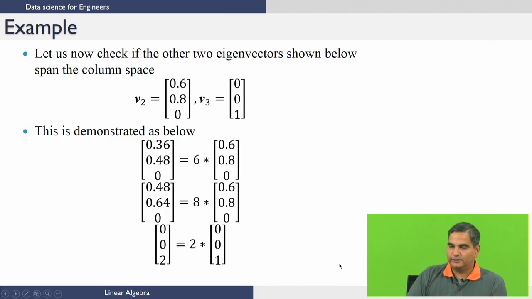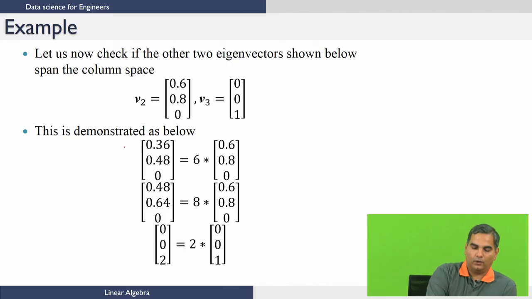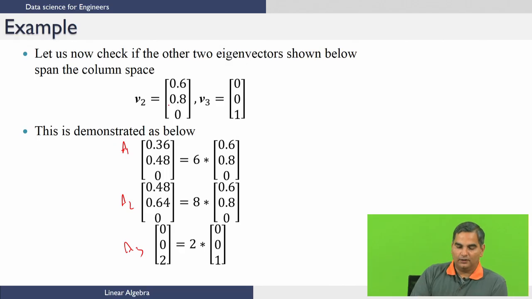Now, let us do the last thing that we discussed. Let us check if the other 2 eigenvectors shown below, for the other 2 eigenvalues, span the column space. What I have done here is I have taken each one of these columns from matrix A. This is column 1, this is A1, this is A2 and this is A3. Column 1 is 6 times nu 2, column 2 is 8 times nu 2, and column 3 is 2 times nu 3.